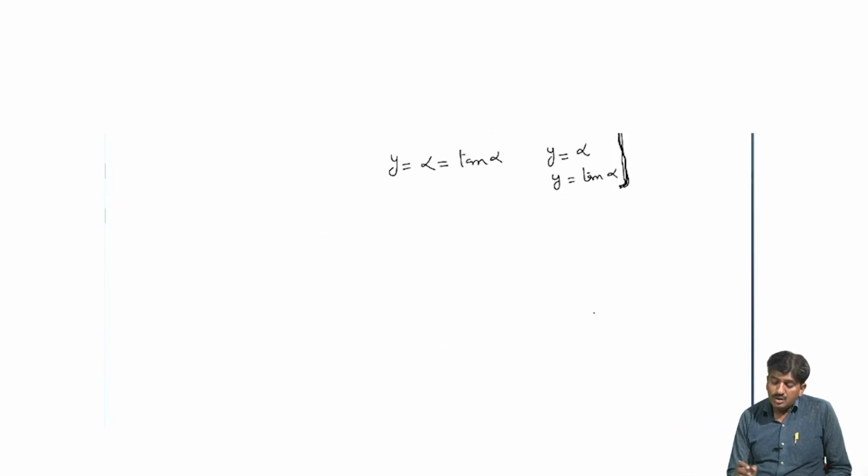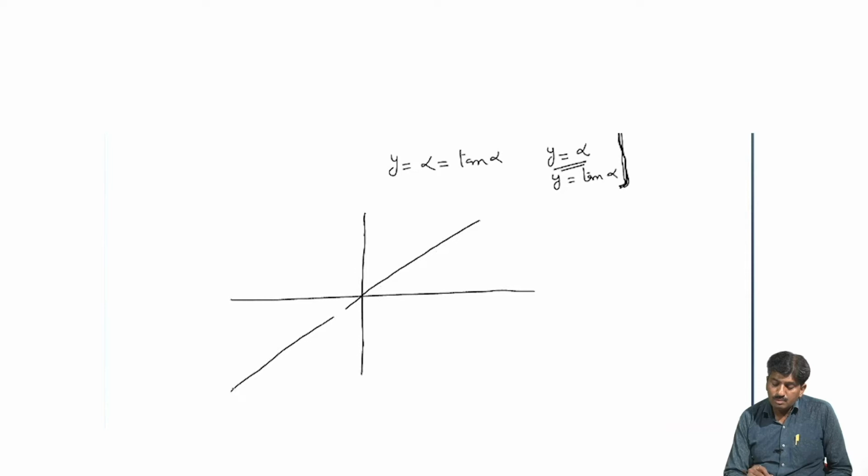And if we draw y equal to alpha, it should be a straight line passing through the origin.